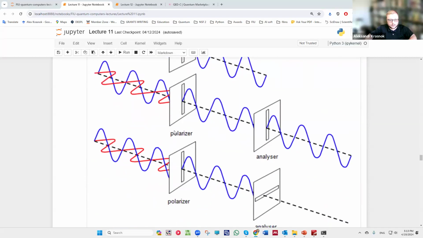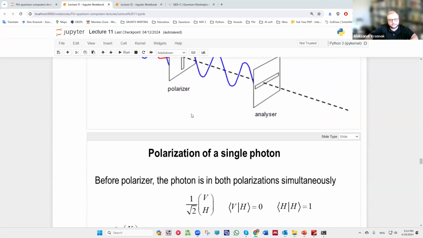We can play with the polarization. We can select a particular polarization with a device called a polarizer. In other words, this polarizer works as a device that detects the polarization state, right? And with another polarizer, which is called an analyzer, we can control the amount of polarized field that passes through the entire device.